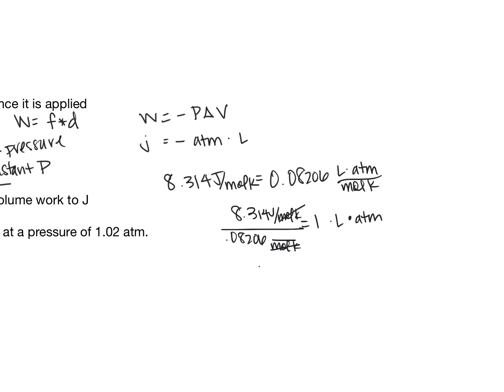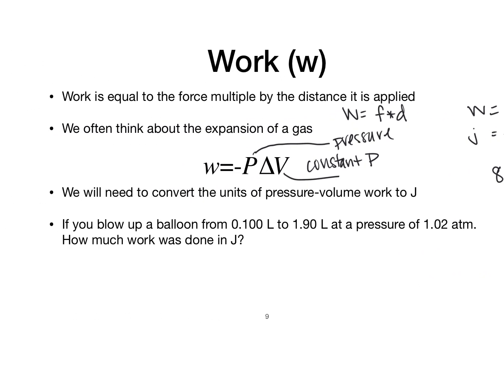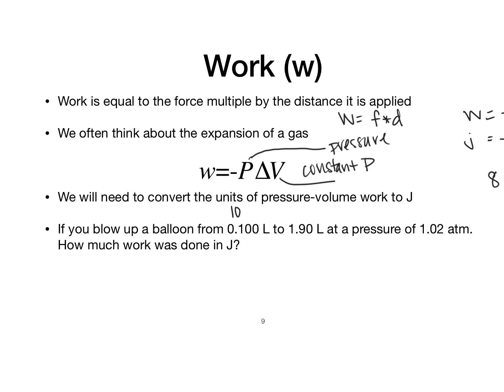This gives us that 101.3 joules is equal to 1 liter atmosphere. This value will be given on an equation sheet, but I just wanted to let you know where it came from.